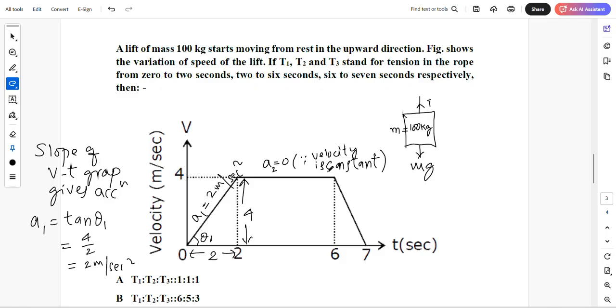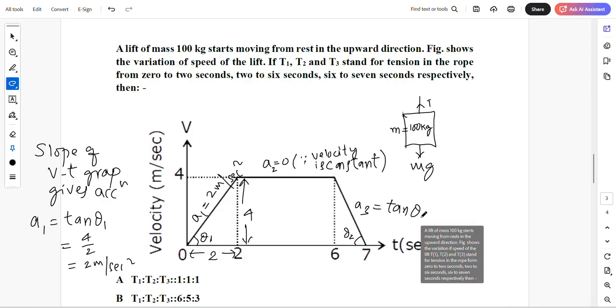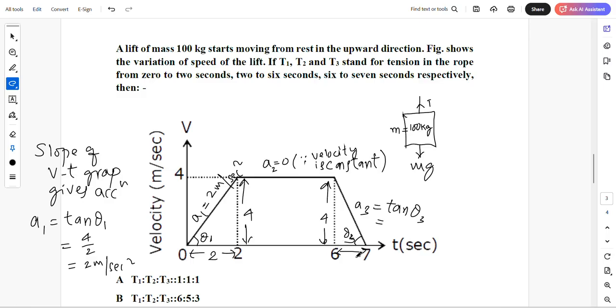A2 is 0. What about A3? Let me write theta 3 to avoid confusion. How much is tan theta 3? This is 4 and this is 1.